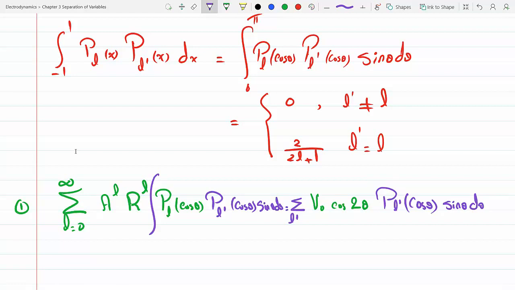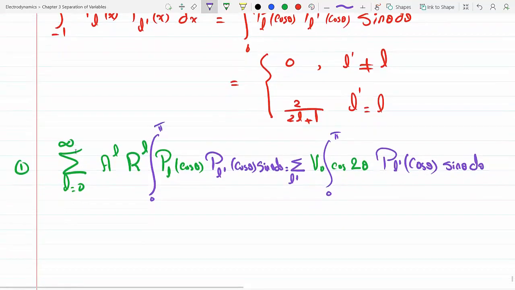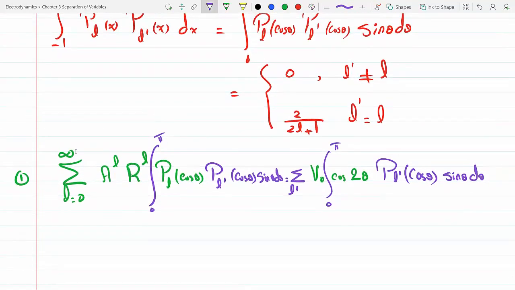And I will integrate; this guy depends on theta, so 0 to pi. Fair enough. And we said that if L does not equal L prime, this whole thing will be 0.